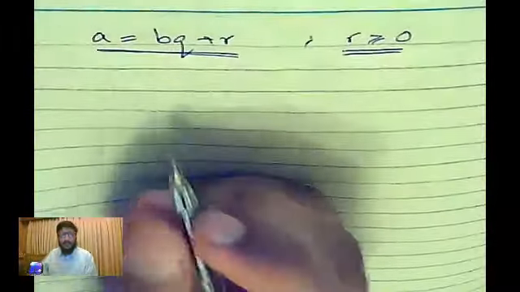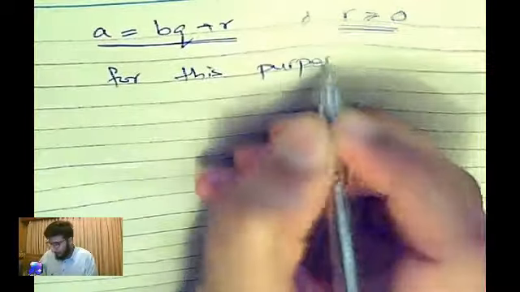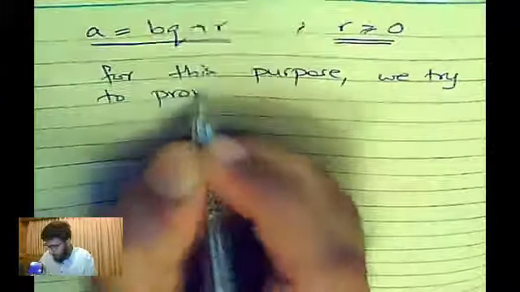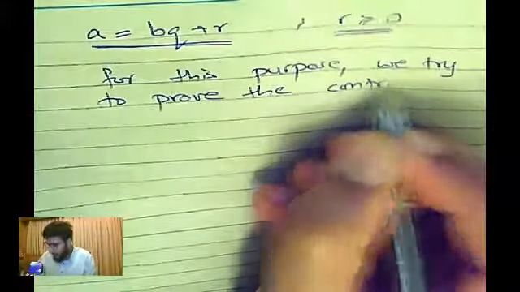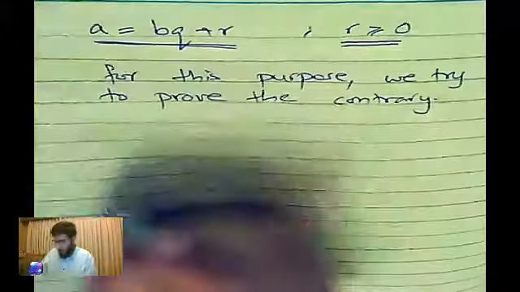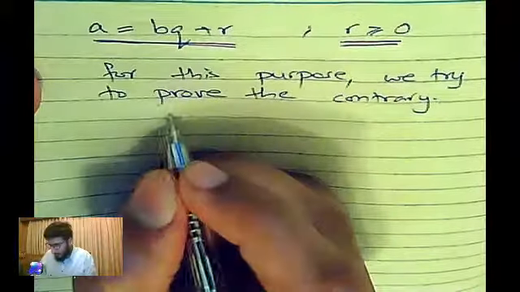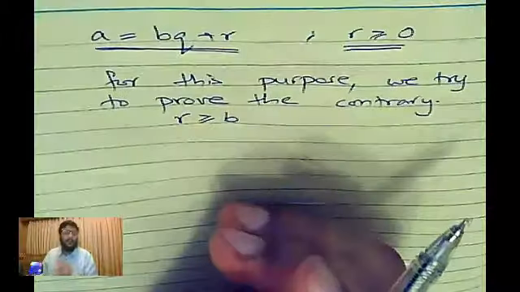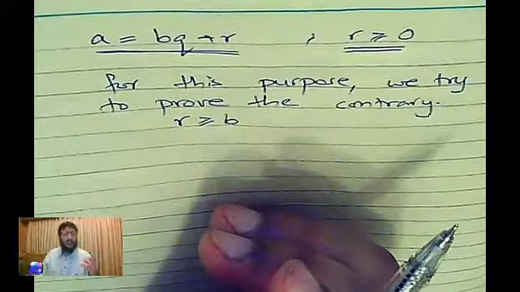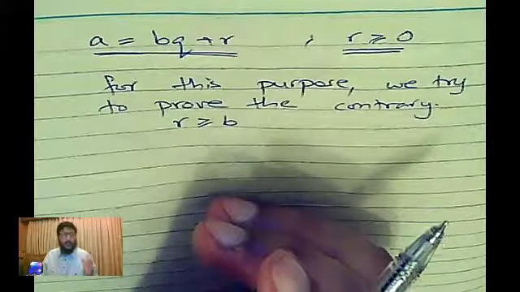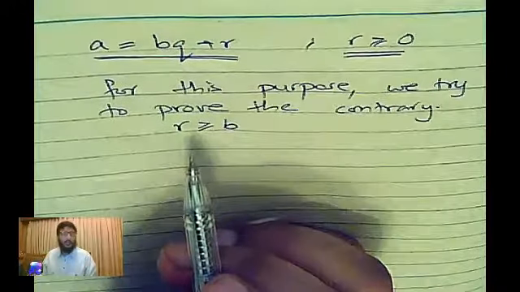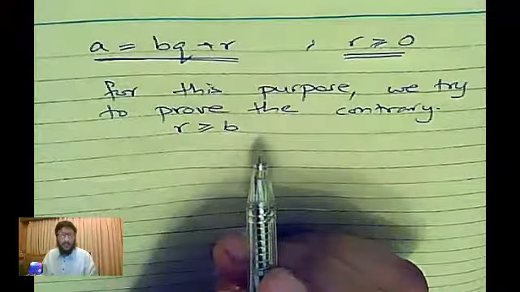For this purpose, we try to prove the contrary, which is R is greater or equal to B. We have to prove that R is smaller than B. But to prove that, we are going to prove that R is not greater or equal to B.